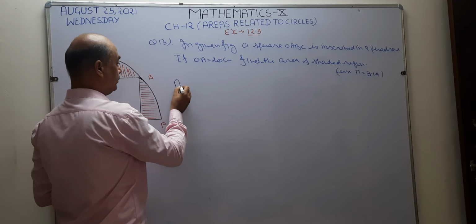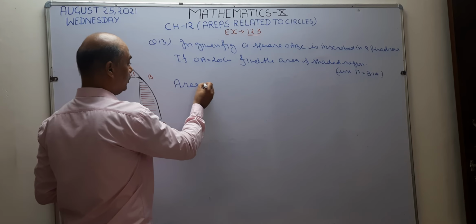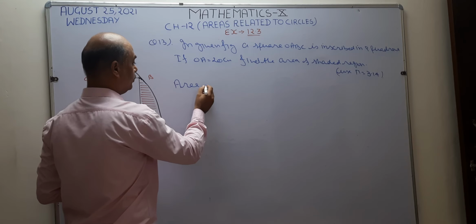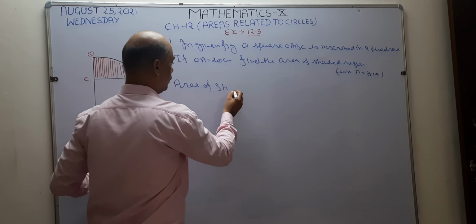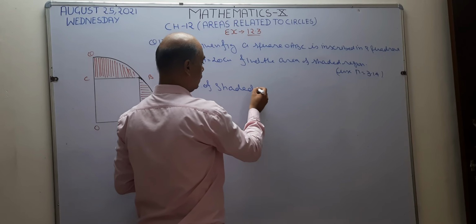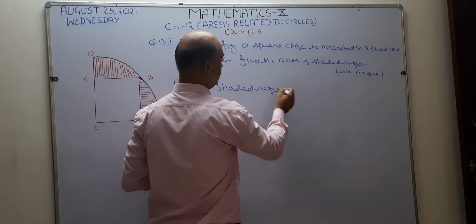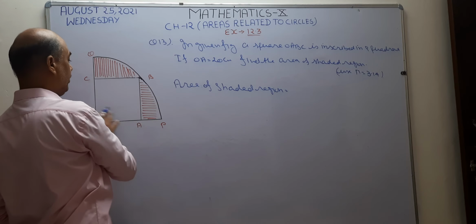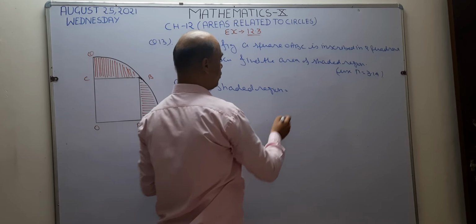Right here, area of shaded region. So what is the name of the complete figure? The complete figure is the quadrant.